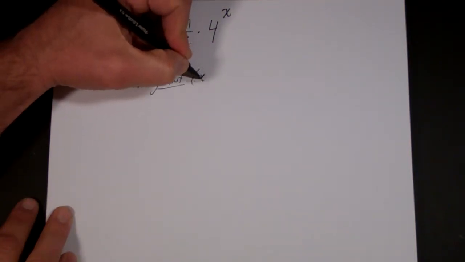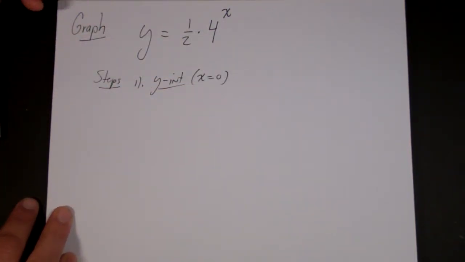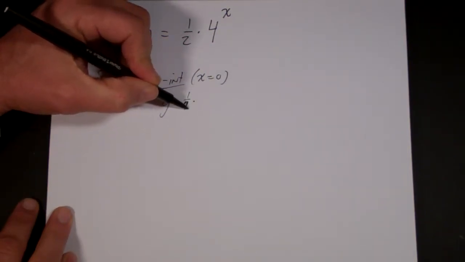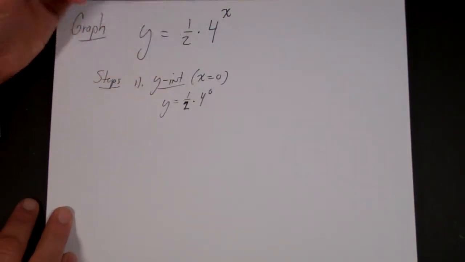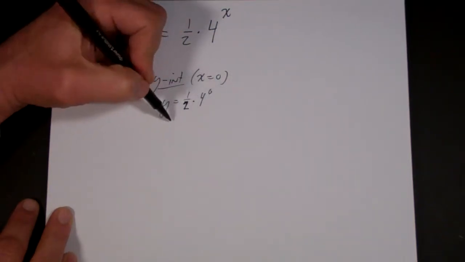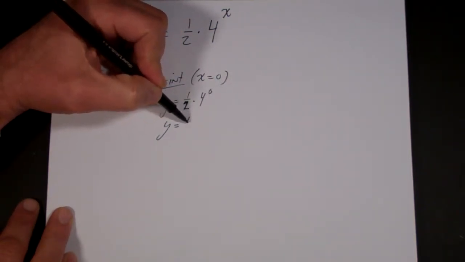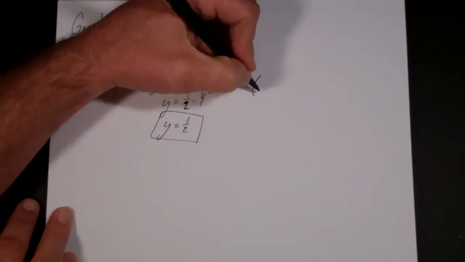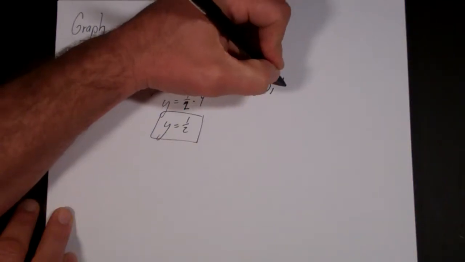At the y-intercept, x is equal to 0, so you plug in x equals 0, and you get y is equal to 1/2 times 4 raised to the 0. But 4 raised to the 0 is just simply 1, so you get y is equal to 1/2. Or I like to say it, the point (0, 1/2).